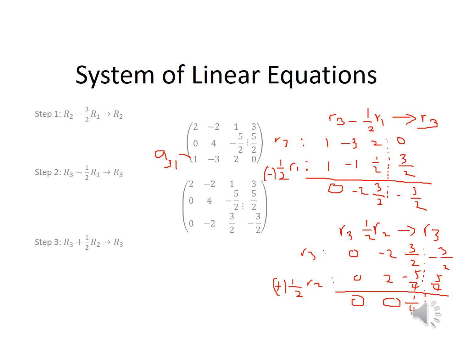And the last one, negative 3 over 2 plus 5 over 4 is negative 1 over 4. So this value is replaced into R3. So we obtain row echelon form, and here we have the so-called upper triangle.